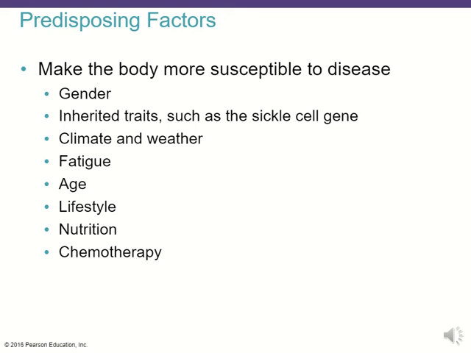Sometimes climate and weather can make certain pathogens proliferate better. And sometimes just being tired and not getting a good rest, or being older or younger, could make one more susceptible to certain conditions. Also, lifestyle, level of nutrition, and whether or not chemotherapy is being applied.